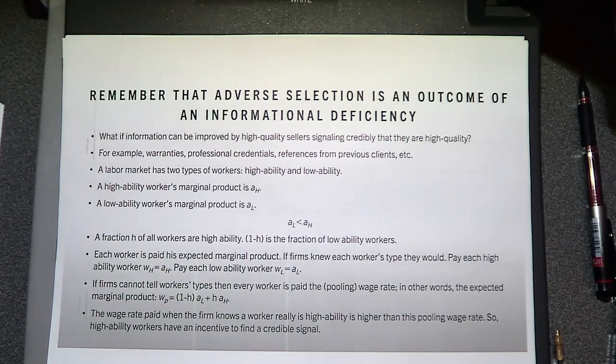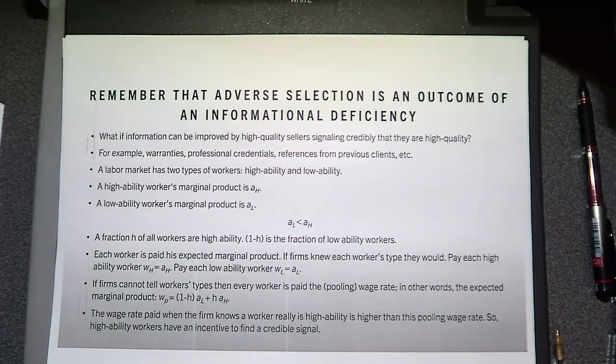Okay, so remember that we had two workers, and we said, generalizing the problem, what we have to consider is the ability of the workers. And then what we look at is the marginal product of labor of these workers. So we had the marginal product of labor for high ability workers and for low ability workers.